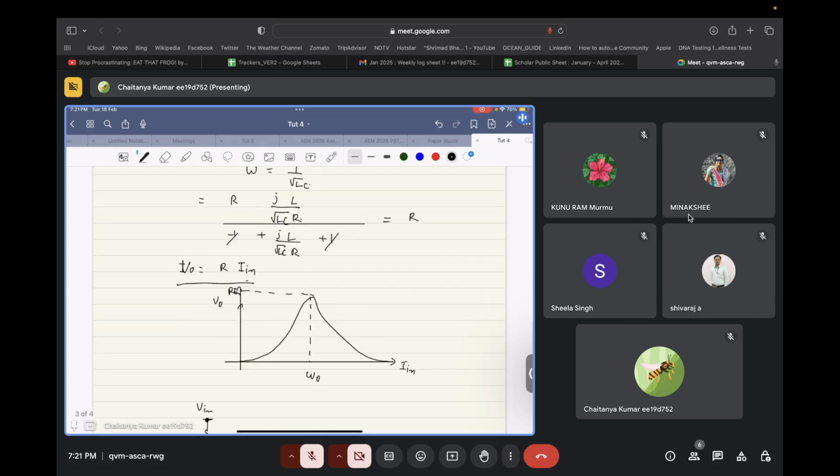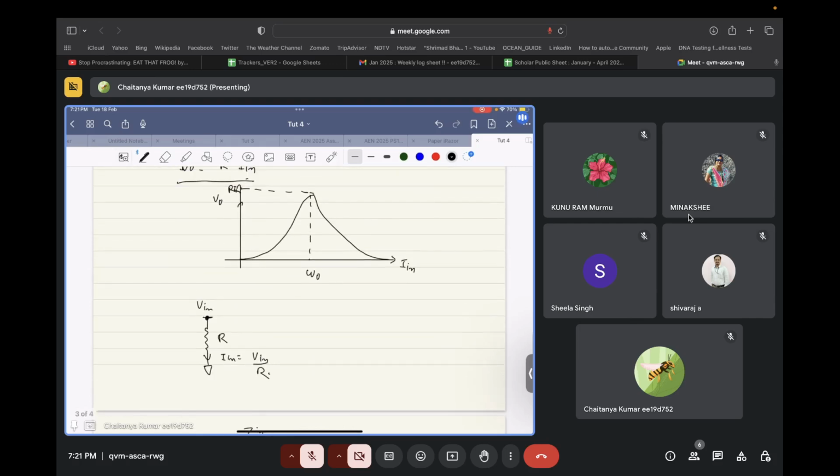So what we thought is that let's say there is a resistance of value R connected to ground. If we put the value of V in on that resistance, the current that we will get is I n equal to V in by R. Now this current we somehow needed to push to an impedance, basically to that parallel RLC network that we created, right?